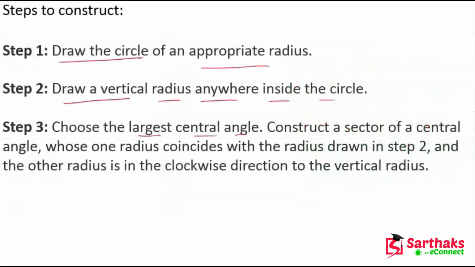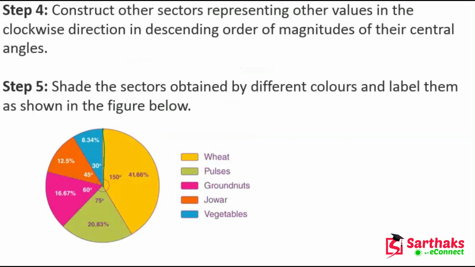150 degree. Okay. Now construct a sector of a central angle whose one radius coincides with the radius drawn in step 2. Okay, and the other radius is in the clockwise direction to the vertical radius. So here you can see that we have to draw the angle of 150 degree, which is the largest angle.